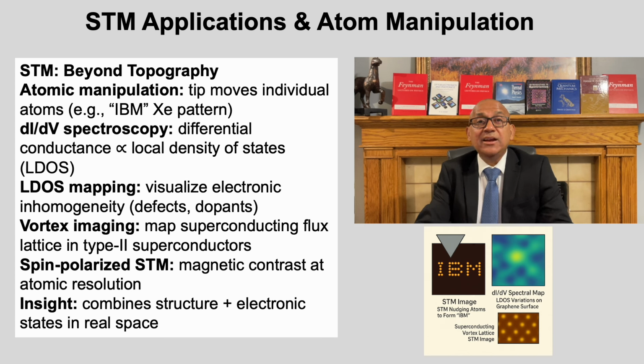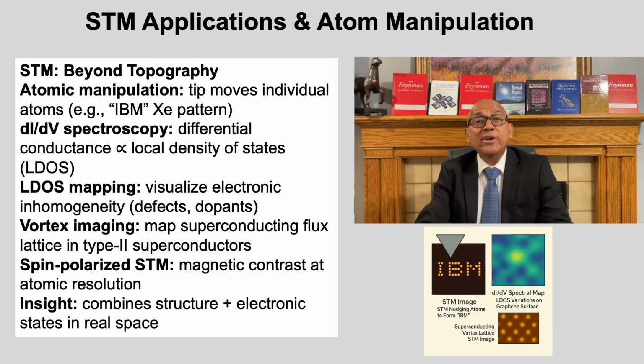By collecting dI versus dV data at each pixel, one constructs LDOS maps revealing nanoscale inhomogeneities, such as dopant distributions in semiconductors or gap variations in superconductors.